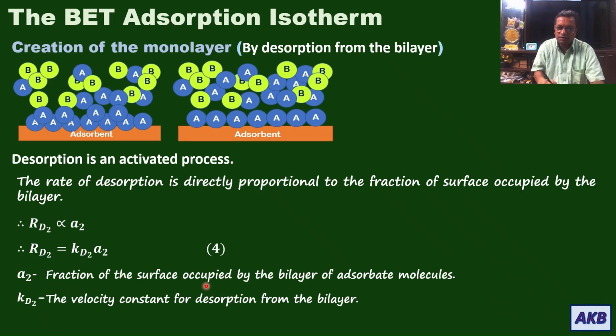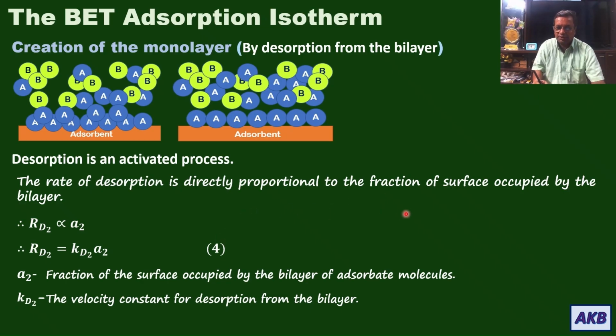So the rate of creation of monolayer by desorption from the bilayer is given by equation number 4.